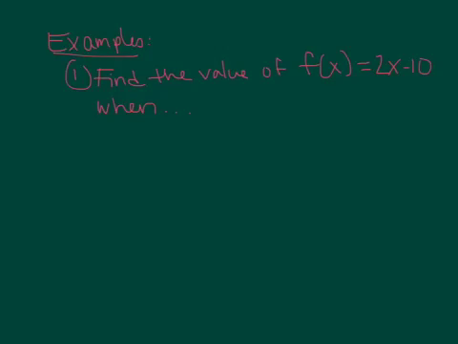The first one is going to be when x equals negative 3. So what I'm going to do is take my equation, f of x equals 2x minus 10, and substitute that negative 3 in for every x.